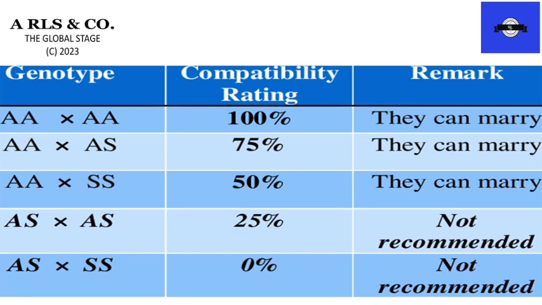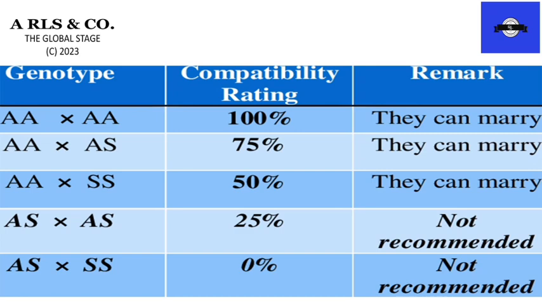Then again, if one parent is normal, that is AA, and another has sickle cell anemia, there is a 50% chance that one of your children or all of your children will either be AA, AS, or have sickle cell anemia, SS, and so you can still go ahead and marry if you want to.